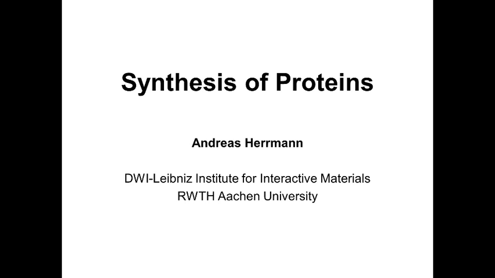Today I would like to show you how we can produce larger peptide units or synthesize even whole proteins by assembling different peptide fragments together and connecting them finally with native peptide bonds.